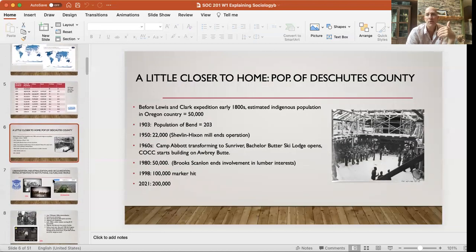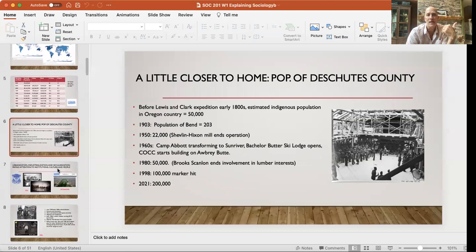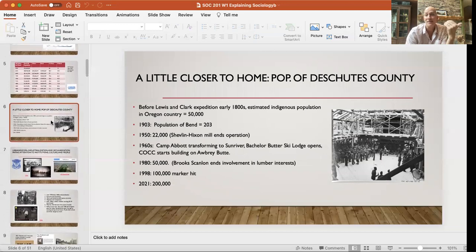We can bring that a little bit closer to home. We could look at Deschutes County and see some of this change, which is really interesting. Some of the estimates before colonization of the West are that the indigenous population in Oregon country was somewhere around 50,000. Then 1903, the population, to 2003. 1950, 22,000.